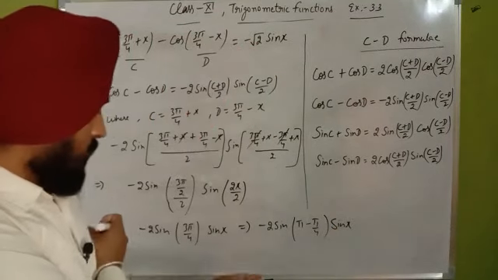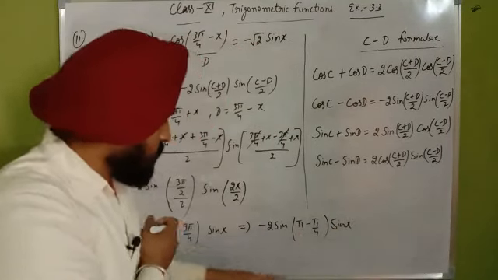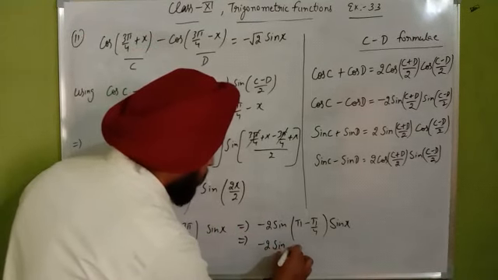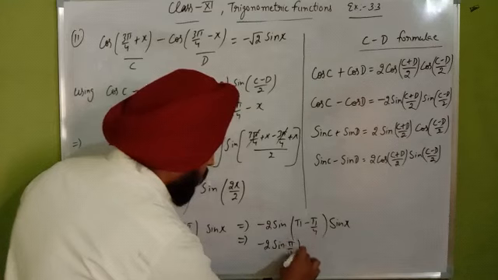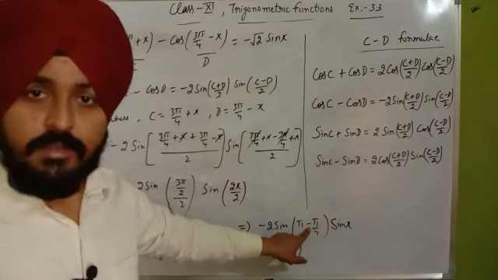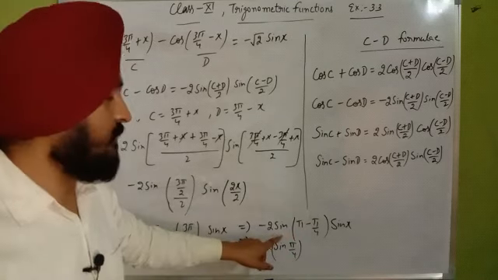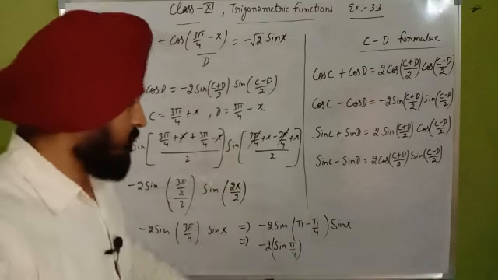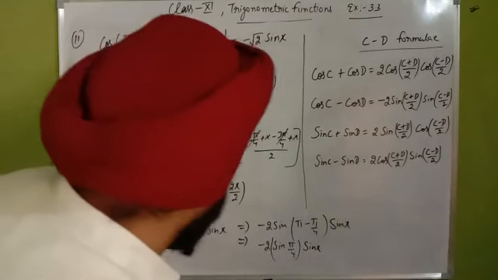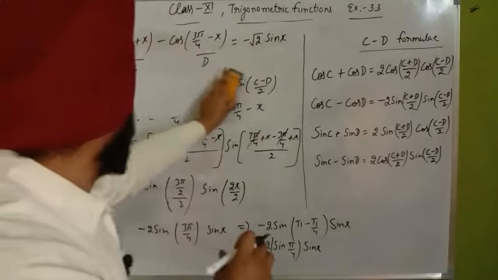Now check here, sine of pi minus, so sine will remain sine, so minus 2 sine pi by 4. Now check, it is pi minus, that means second quadrant. In the second quadrant sine is already positive, so it will remain positive there, into sine x as it is. Clear? So in the next step we have to write, I am erasing here.